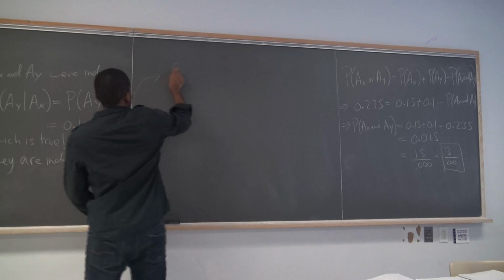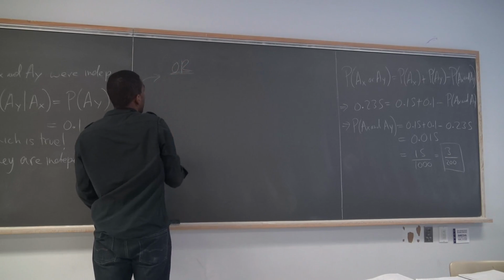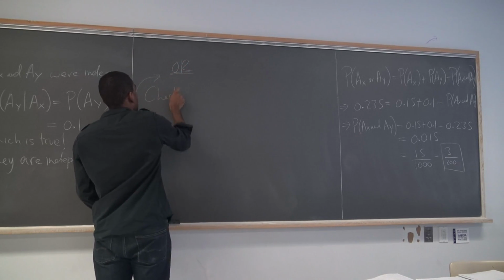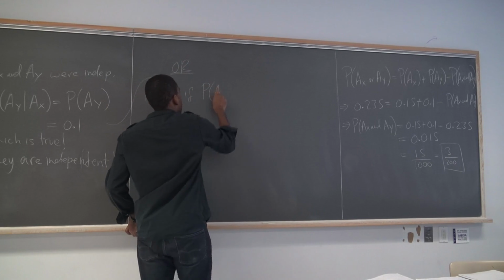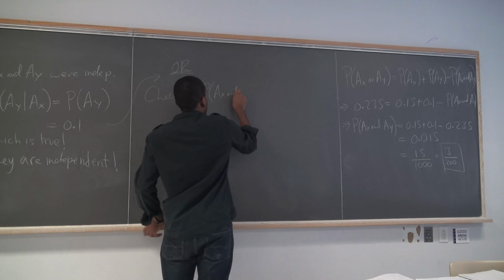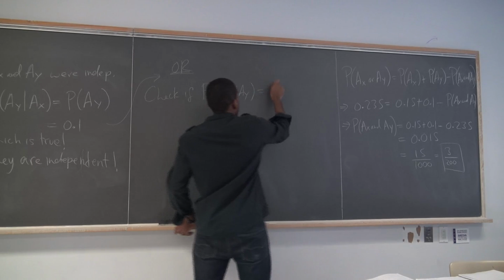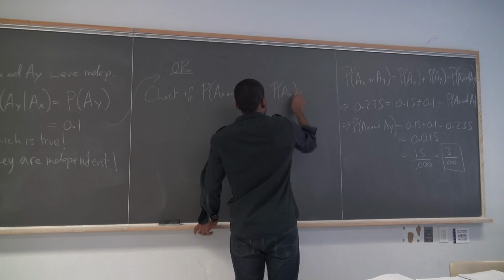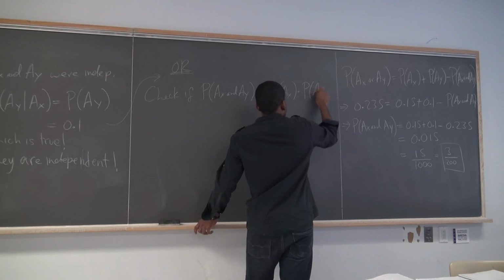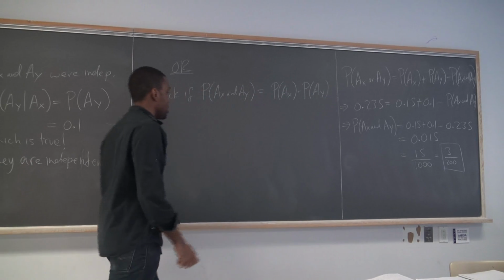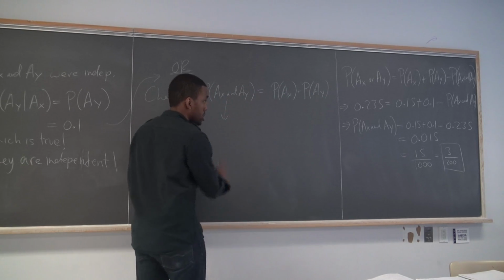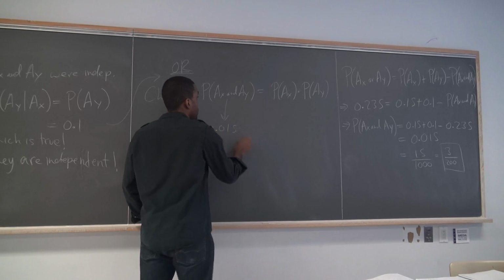Or if you want to use the straight-up definition, check if the probability of AX and AY is actually equal to the probability of AX times AY. That is another option, perfectly valid. This one we know is 0.015.